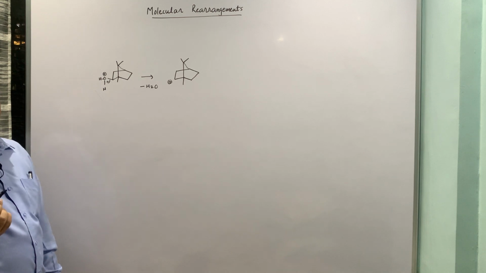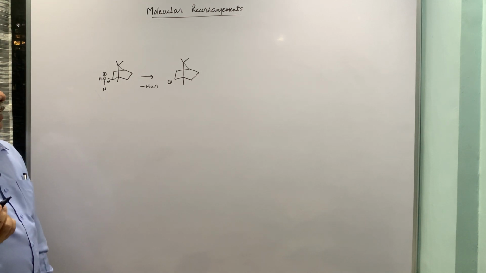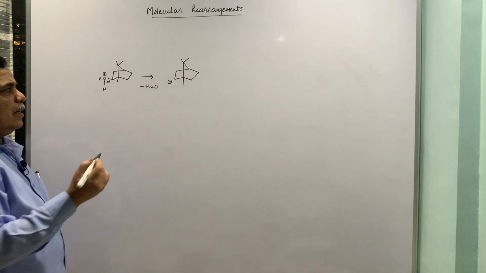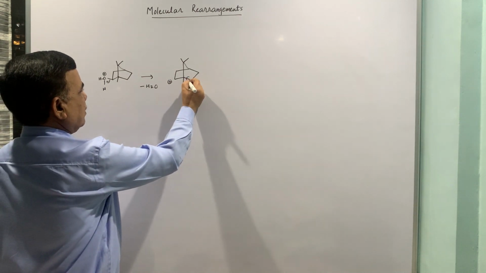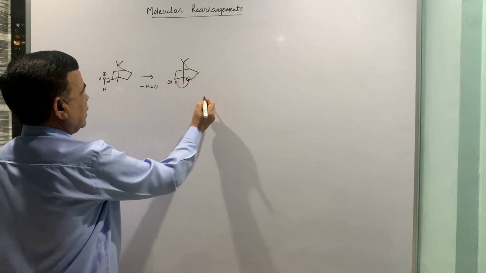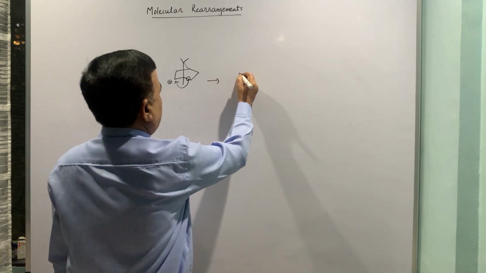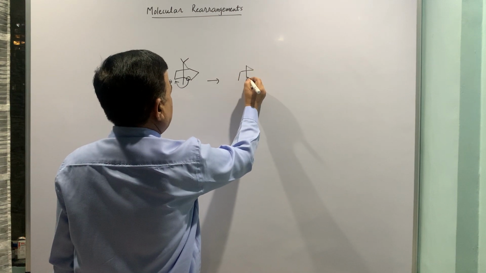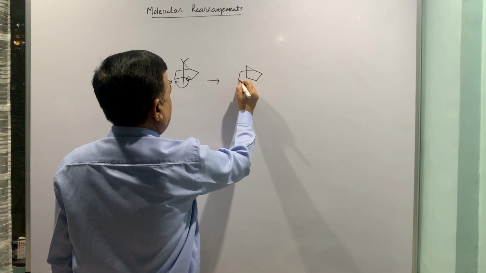Now this carbonium ion is a non-classical carbonium ion. Unlike other carbonium ions, this is different with the bridgehead systems. This group migrates, and now what you can see is this one.